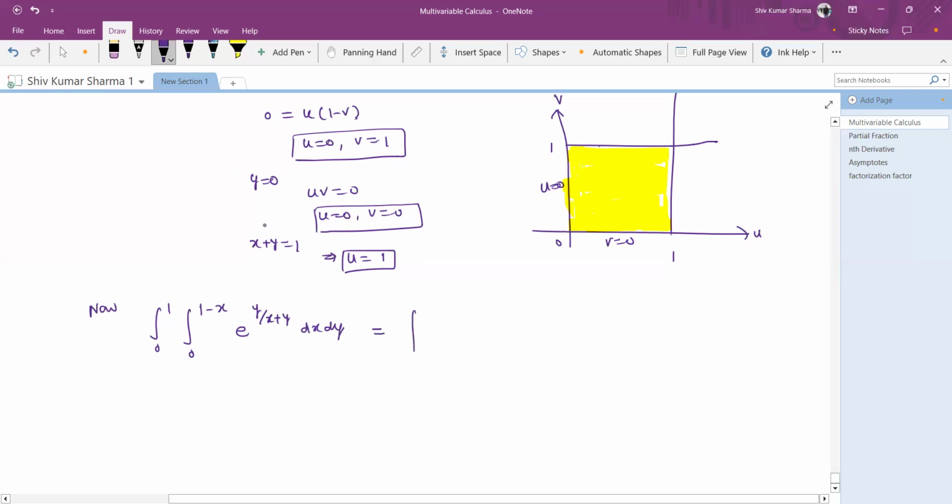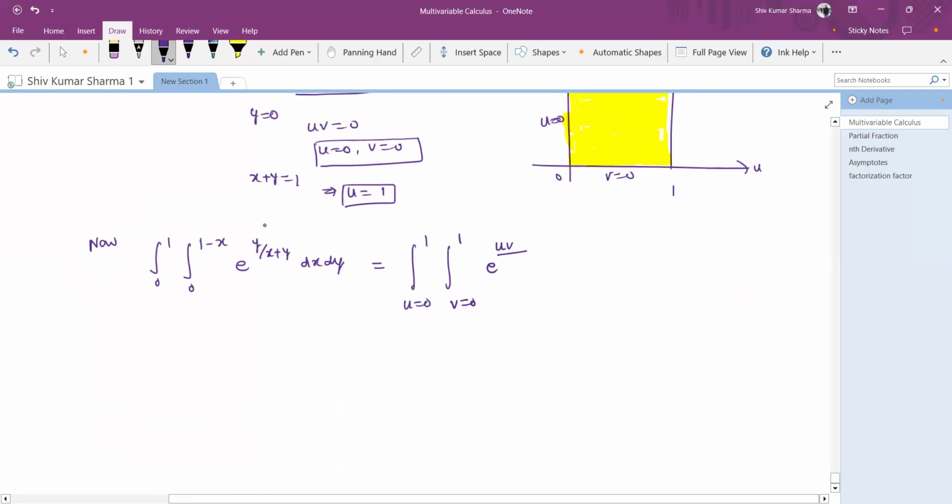This can be written with both limits for u and v from 0 to 1, e raised to the power y upon x plus y. What is the value of y? The value of y is uv. And x plus y is u. And dx dy means the Jacobian times du dv.